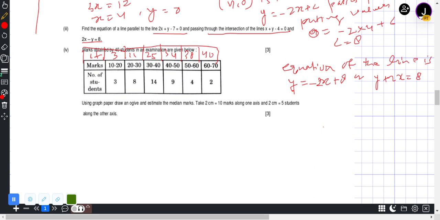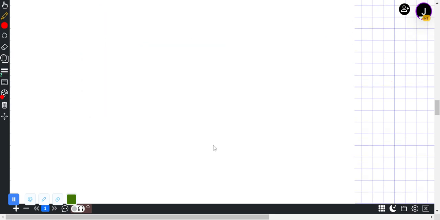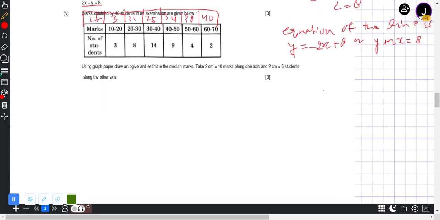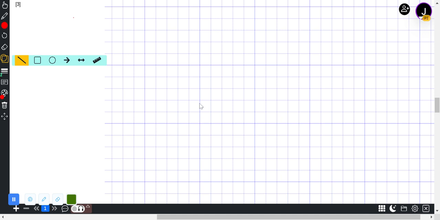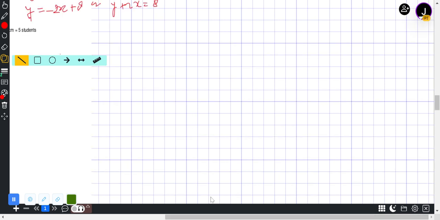Now we will draw this: 10, 20, 30, 40. So how many are there? 3, 4, 5, 6. So I'll draw the Ogive on this side. You have a lot of space here.